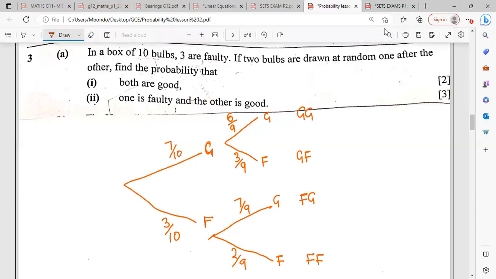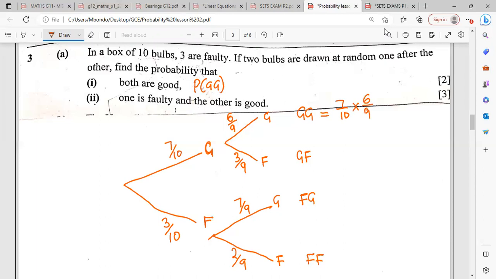It means the probability of G and G. If you come to our table, it is 7 over 10 multiplied by 6 over 9. That is it.